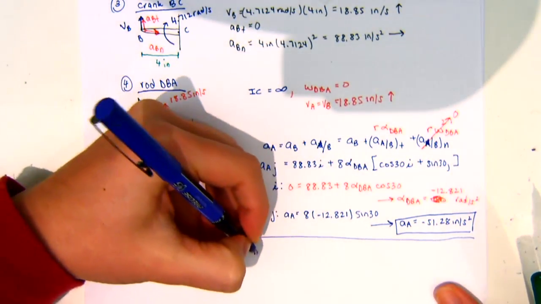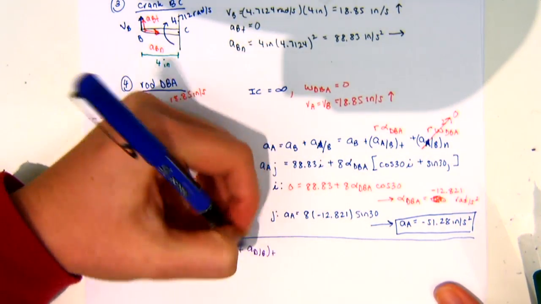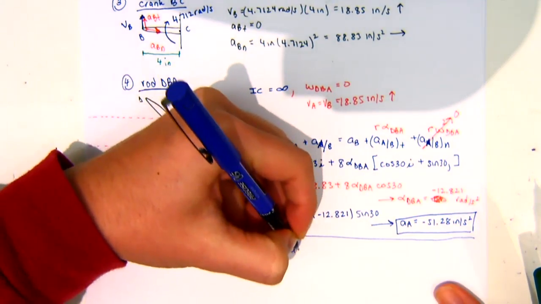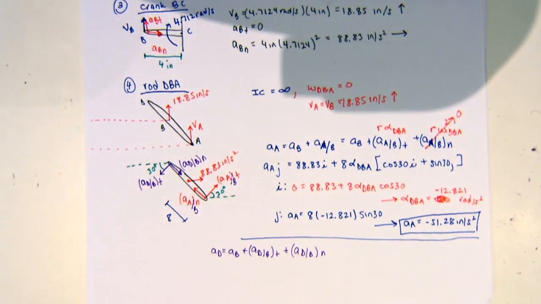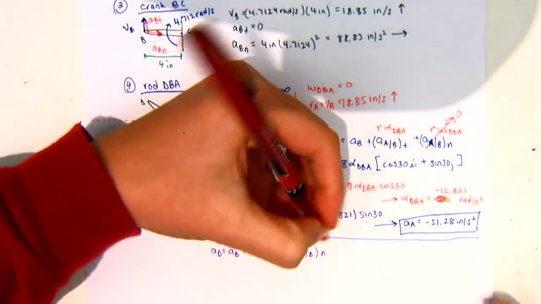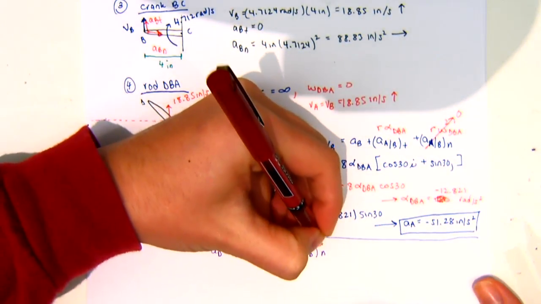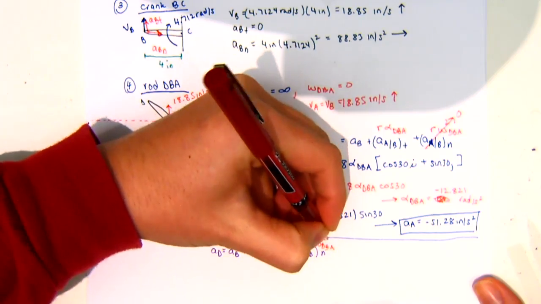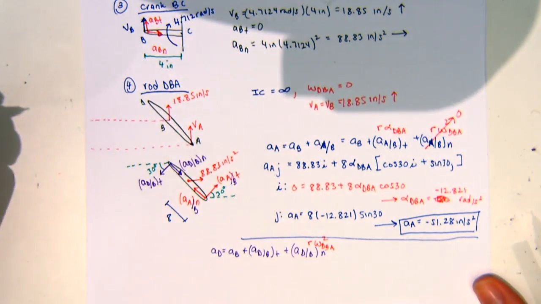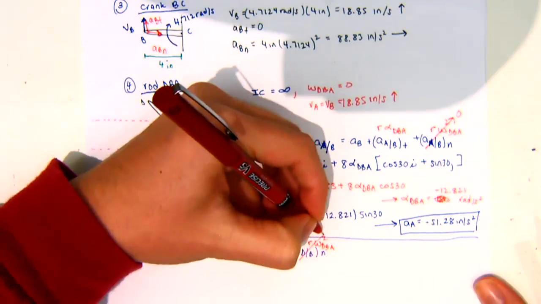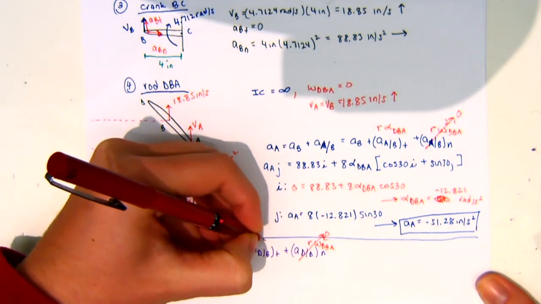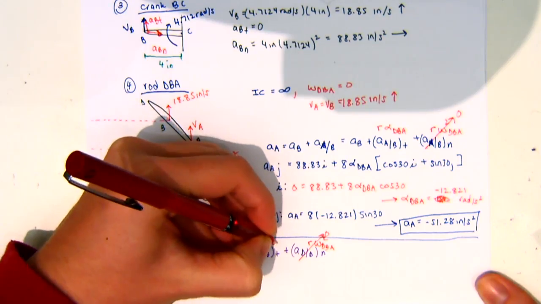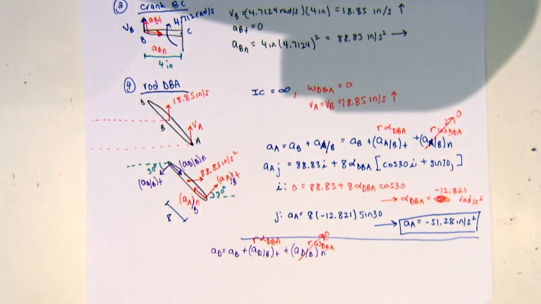So I have plus AD relative to B tangential plus AD relative to B normal. For my normal component, it's going to be R times omega dBA squared. But again, what is that value? 0. So that goes away. And then for this one, we're going to have R times alpha dBA. So it's going to be the same alpha that we just found.